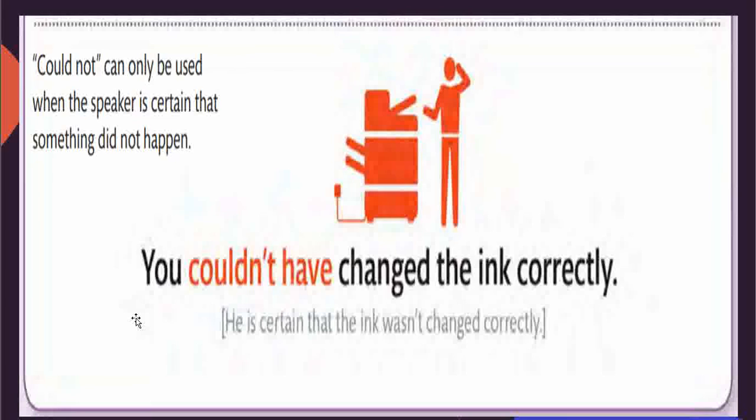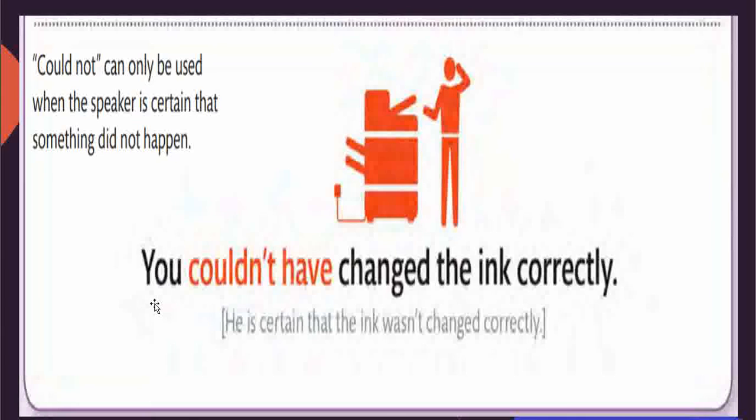If you were to say you didn't change the ink correctly, you are not using the possibility or certainty about the past. Your sentence might be correct, but we are looking at the use of could not about the certainty or the surety with which a person is speaking.